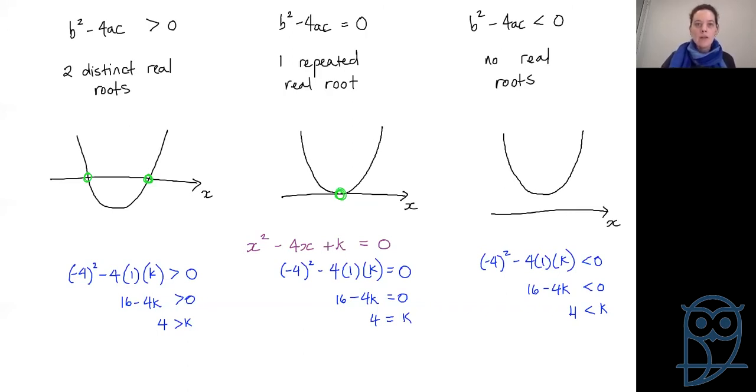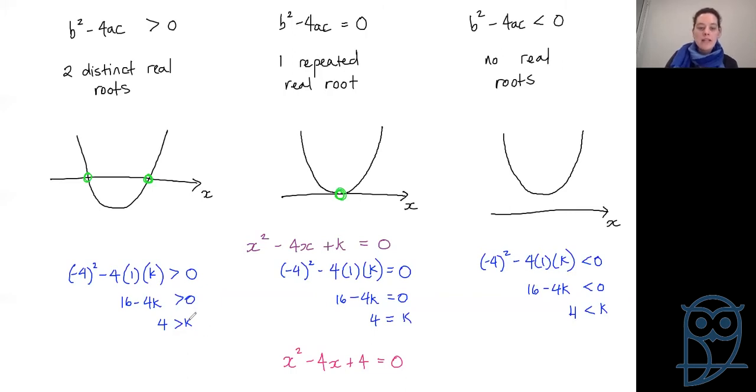If we're going to have one repeated real root, our equation would have to look like x squared minus 4x plus 4 equals 0. That is the only way that this equation is going to have one repeated real root.